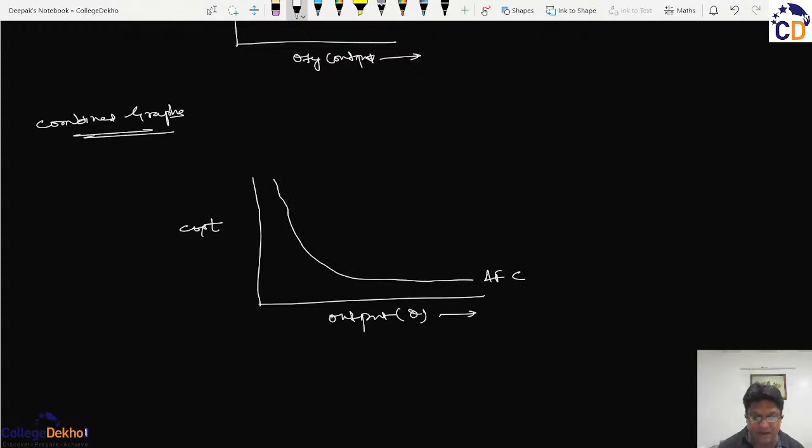Okay? When we had that variable cost, it was going like this. And when we had that average cost, it was going like this, because it has to be the total of the two.